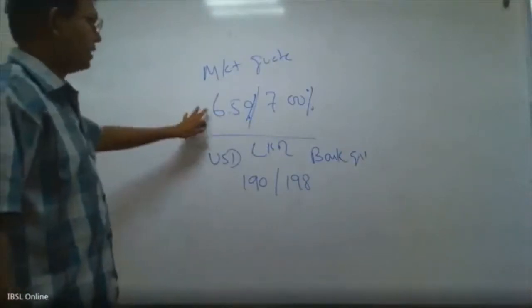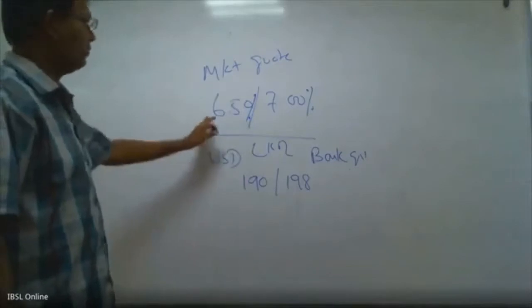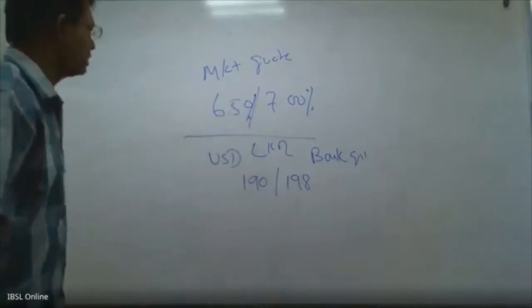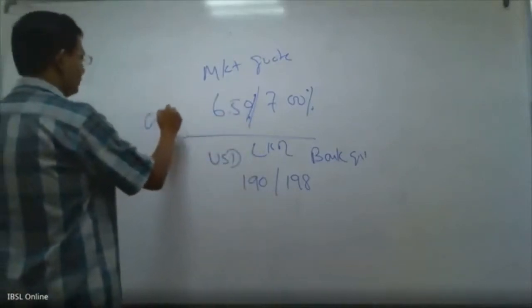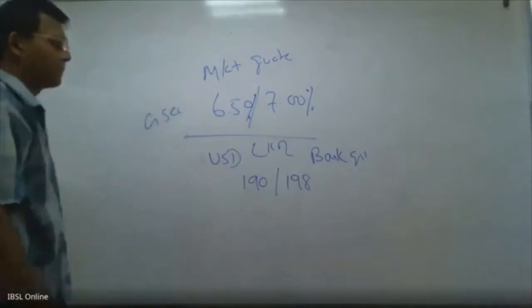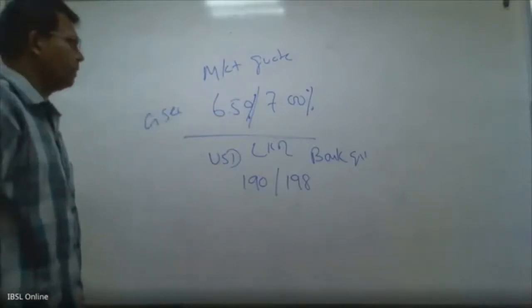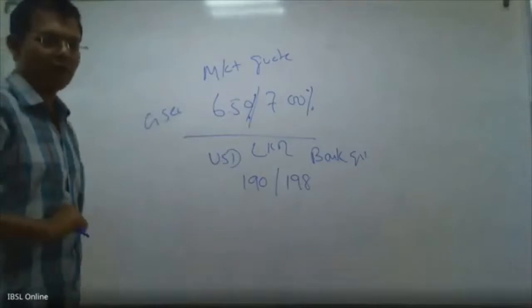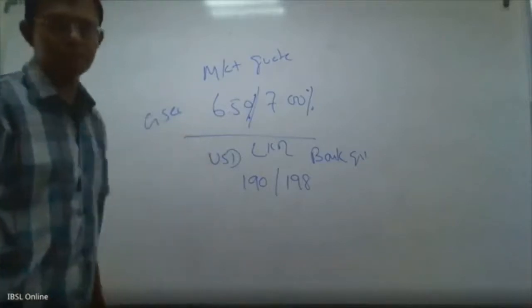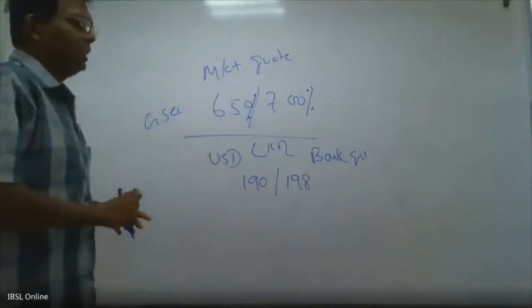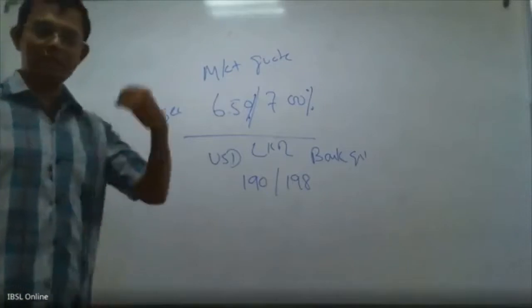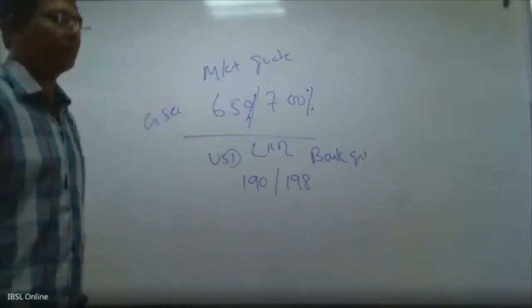I have interest of this 6.5% government securities, right? If I am the buyer, generally do I invest at a higher percentage or lower percentage?